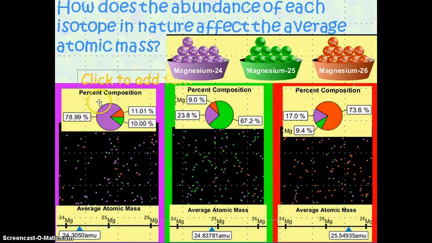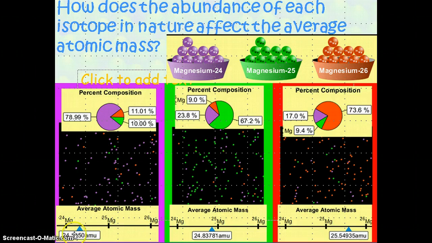So on this first example, the majority of the isotopes found in the sample are going to be magnesium 24 as represented by the purple, okay? And you see that the average mass is closest to the mass for magnesium 24.